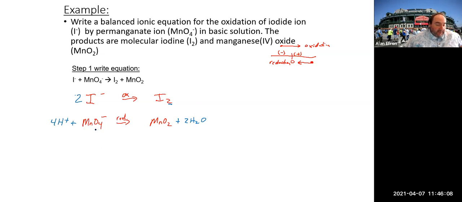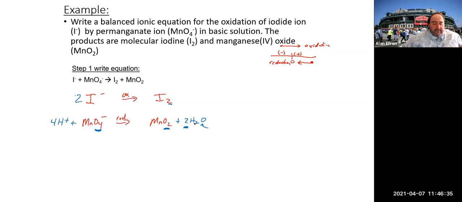What we started with is 4 oxygens on the left and 2 oxygens on the right. To balance out the oxygens, we put the 2 waters because that gives us 2 more oxygens, for a grand total of 4 oxygens on the right-hand side, which matches the 4 oxygens on the left-hand side. And by adding water, we're also adding, in addition to oxygen, hydrogen. So that's why we add 2 waters.